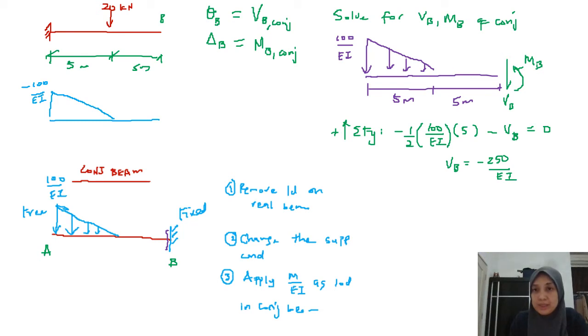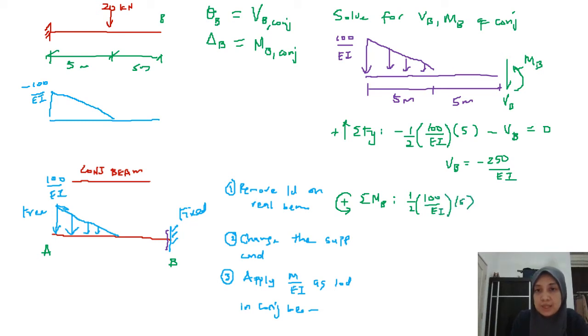So this is shear at B, and if you want to find the moment, you just sum the moments about point B. Just assume one direction as positive. I'm going to assume clockwise as positive. So the force here is clockwise, so it's positive: half times 100 over EI times 5.